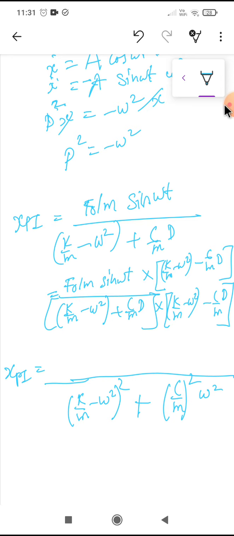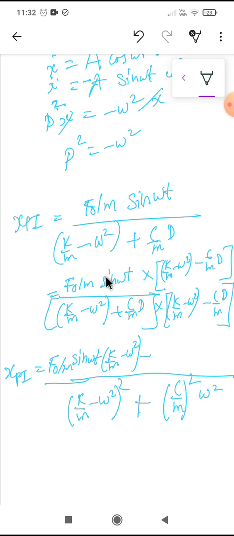Now I have to multiply these two terms. Here there is no problem, so I will just multiply this term. I'm left with F0 by m sine omega t into k by m minus omega square. Now if I multiply with this term, what will happen? Here there's an operator D. When an operator multiplies a function, we need to differentiate the function.